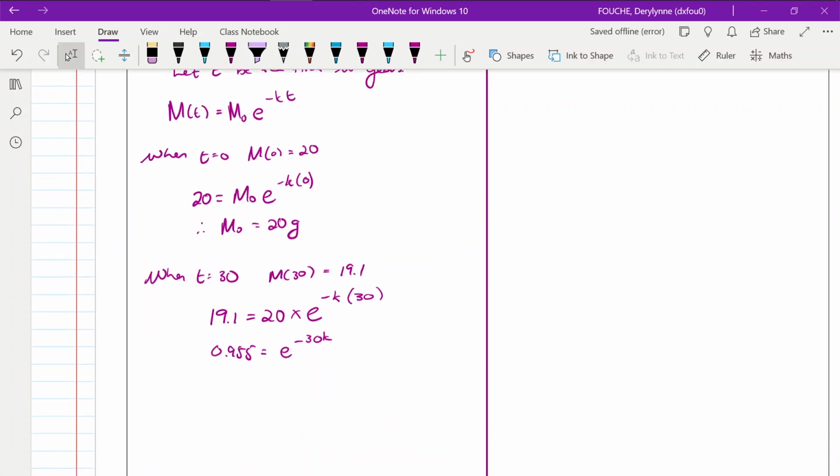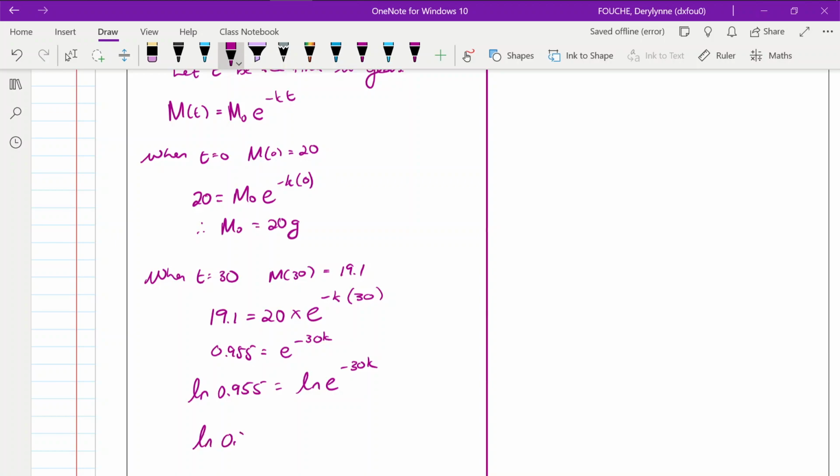Now we're wanting to solve for k, and in order to solve for the exponent, we need to log both sides. So I'm going to take the natural log of both sides, and then using my log laws, I can take the negative 30k down.